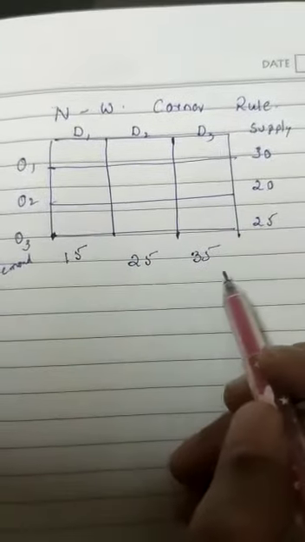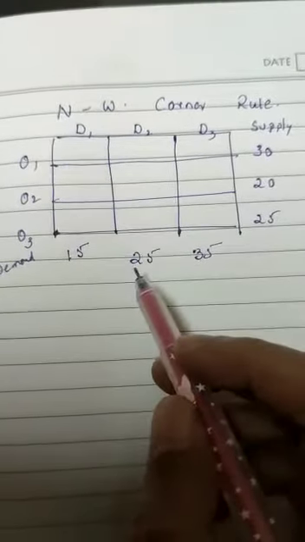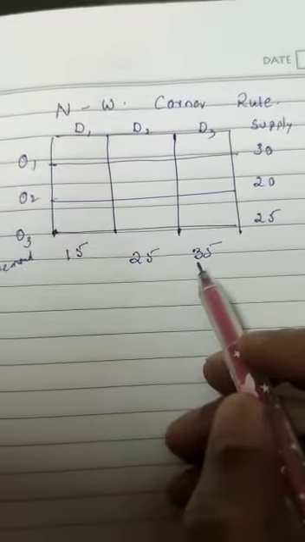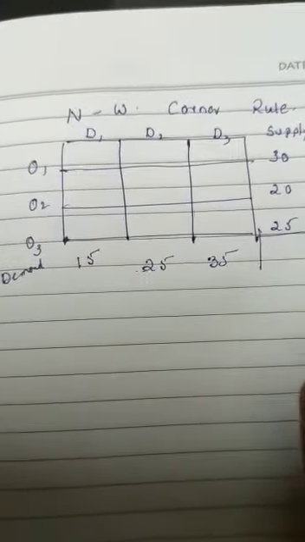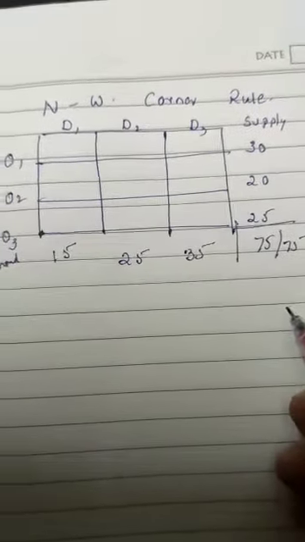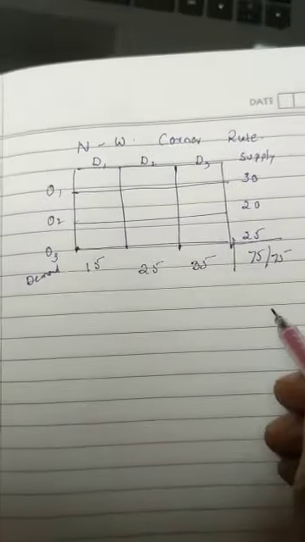Supply: 30 plus 20 plus 25 is 75. Demand: 15 plus 25 plus 35 is 75. Both are equal, 75 and 75.